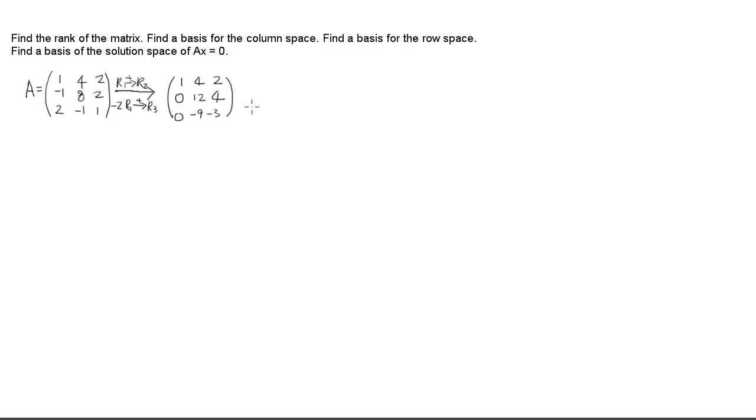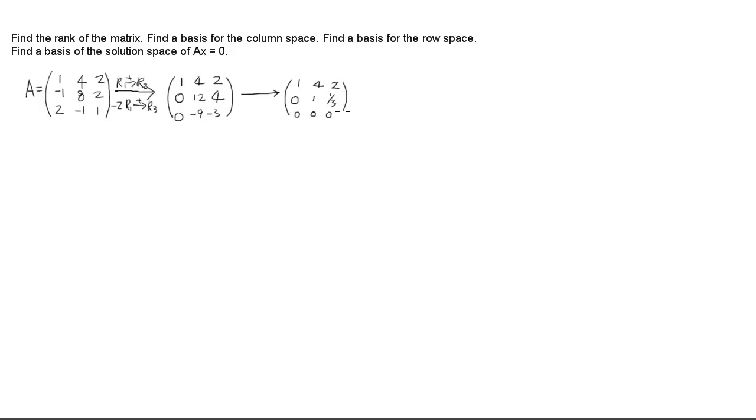Okay, and then we rescale. This time let's make it the row echelon form, with the leading one, and 4 and 2, and then this is 0, and this is 1, and this is 1/3, and then of course this is 0, 0, 0.